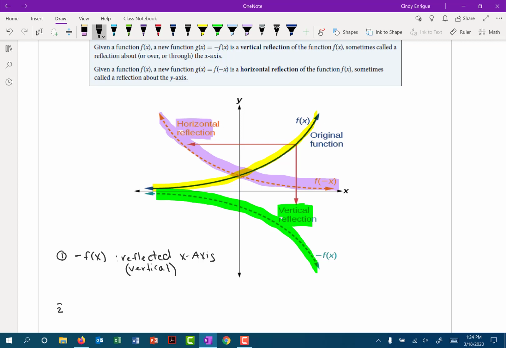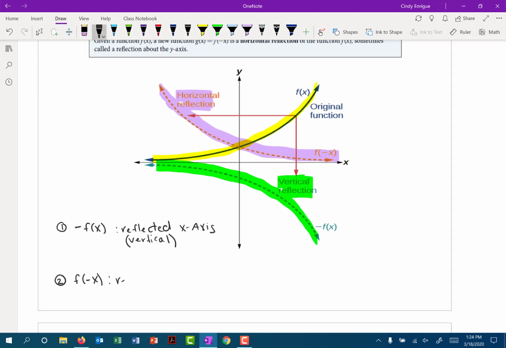Now for the second one, I actually am going to have f of negative x inside. So this tells me I'm going to be reflected across the y-axis. And this is, of course, talking about my horizontal.